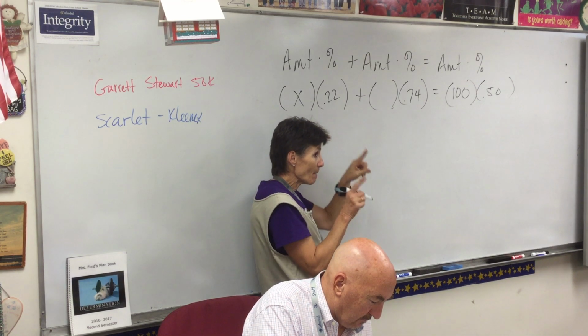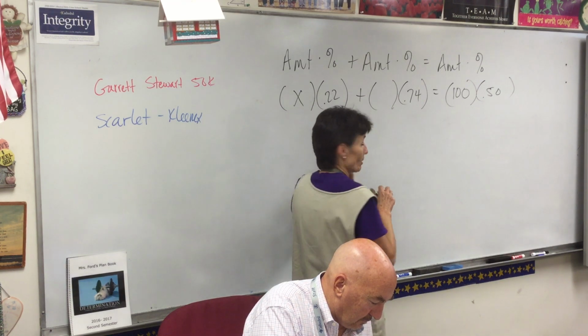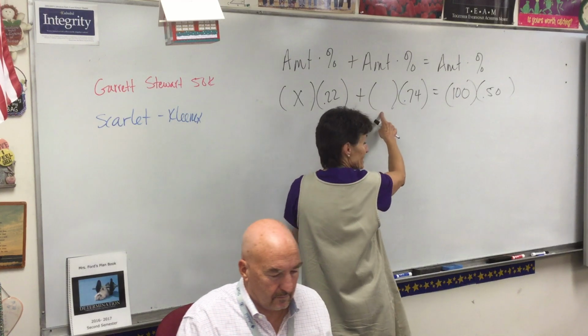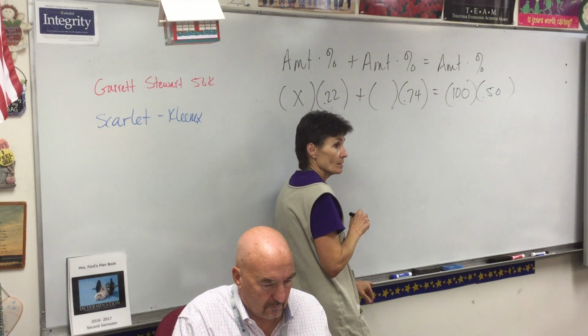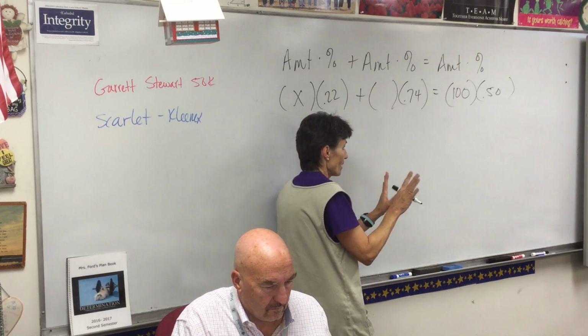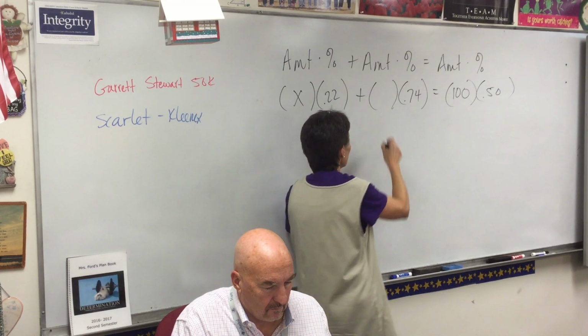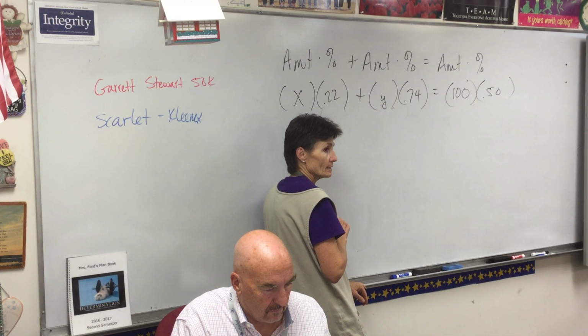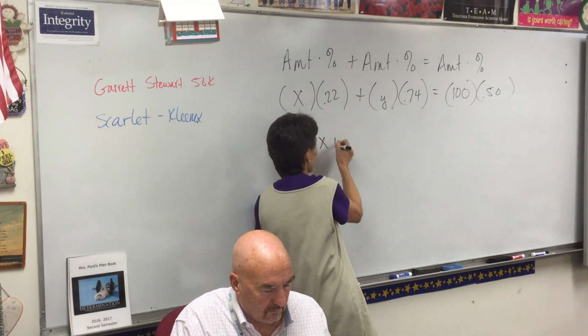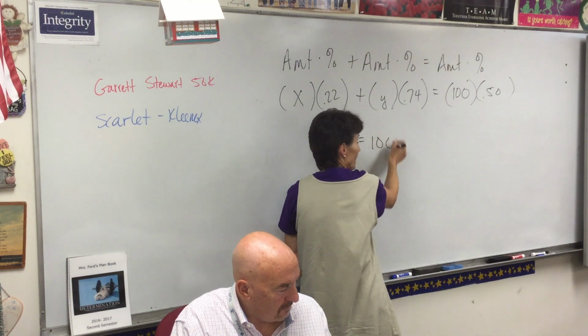All right, now remember, I don't know what goes here, but when I add these together, I get 100, right? So just for a moment, I'm not gonna leave it this way, but just for a moment, let me put a Y there. Sam wanted to do that before. Isn't it true that X plus Y then has to be 100?